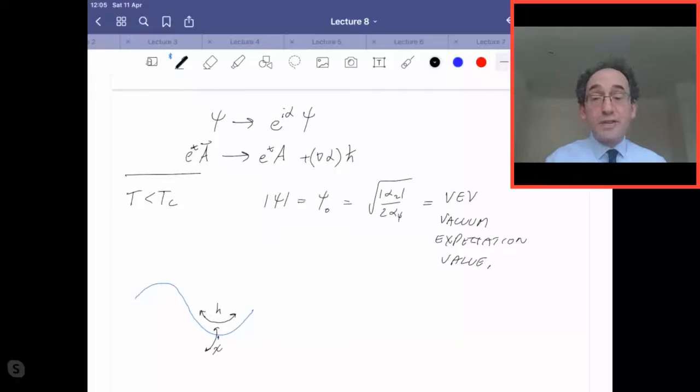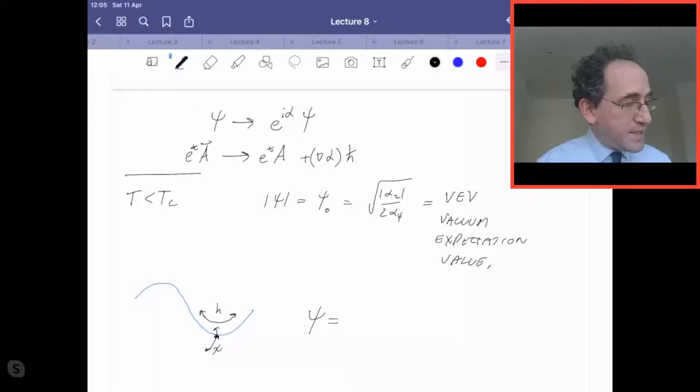So there are two different directions we can go if we're sitting at the bottom of the hill of the Mexican hat. One is to go up the hill, that's H, and the other is to go around the bottom of the hat. That's the thing we found had no energy. It was the Goldstone mode previously in the neutral superfluid.